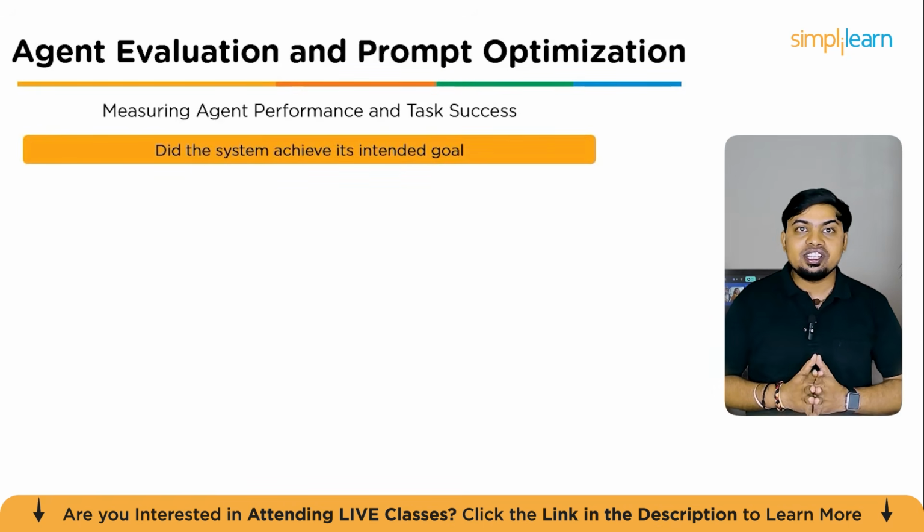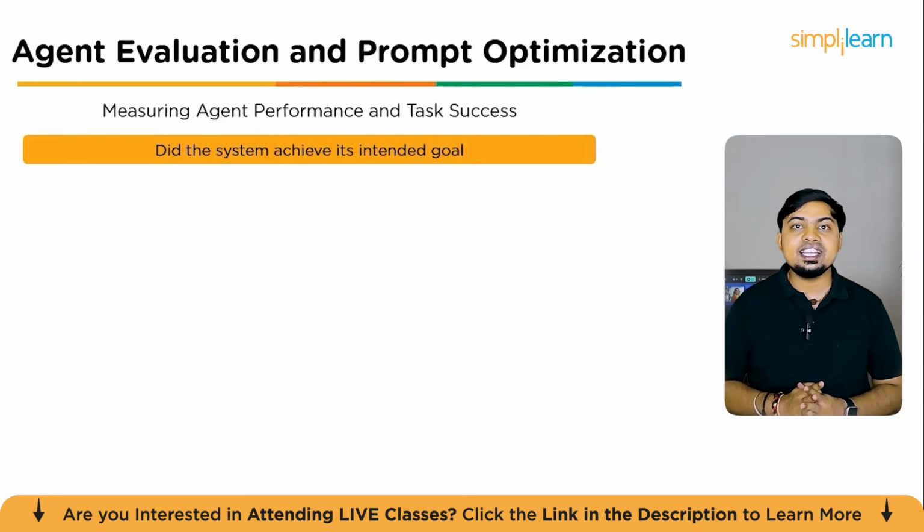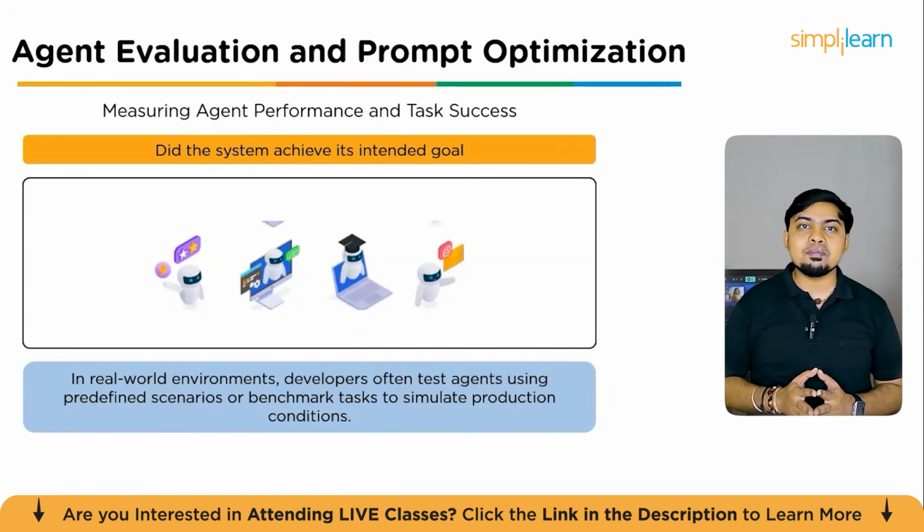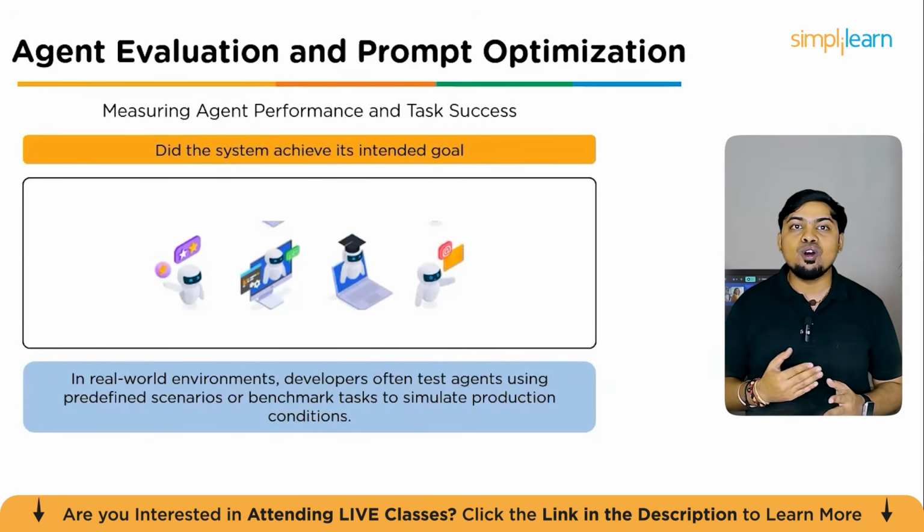Measuring agent performance and task success. Now let's dive into measuring agent performance and task success. The first step in improving an AI agent is understanding how well it performs. Agent evaluation focuses on a simple but important question. Did the system achieve its intended goal, and how efficiently did it do it? There are several metrics commonly used to measure performance. For example, we might look at the task completion rate, how often the agent is successfully finishing the task.